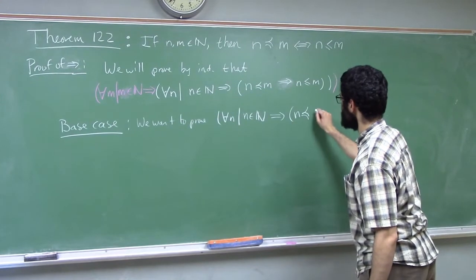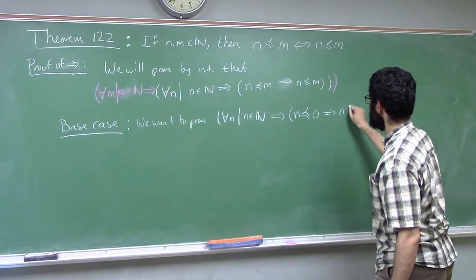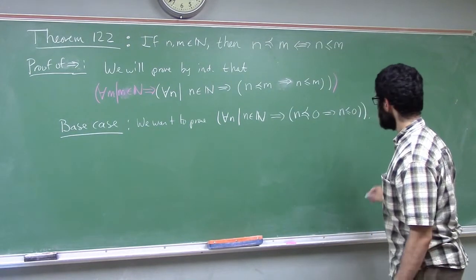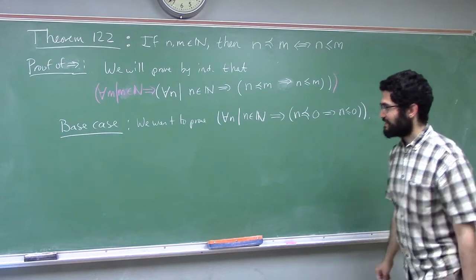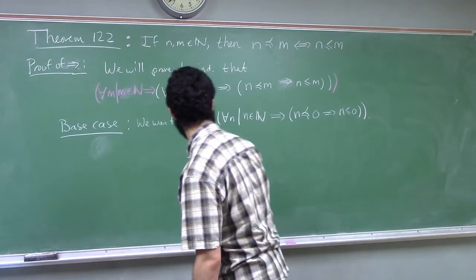If there's an injection from n to 0, then n is less than or equal to 0. Okay, good. Let's prove the base case.